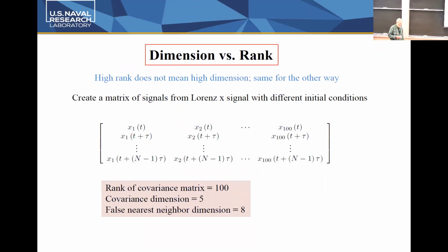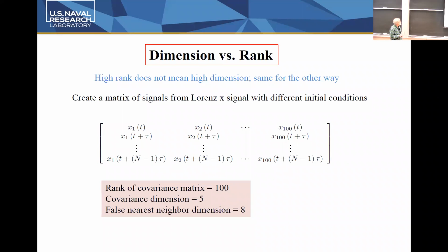So I should mention dimension versus rank, because I get confused, other people get confused between the two. Dimension and rank are actually different things. The best example I can come up with to explain the difference is I'll take a matrix of signals from the Lorenz X signal. Each of these columns is the Lorenz X signal, but I start with a different initial condition for each column.